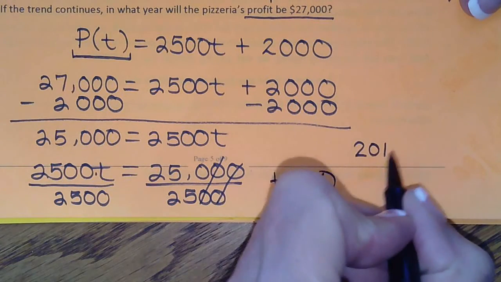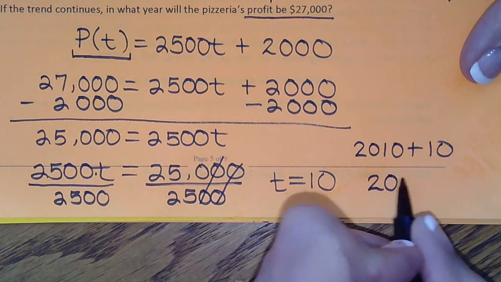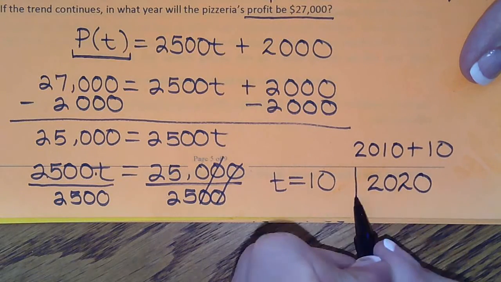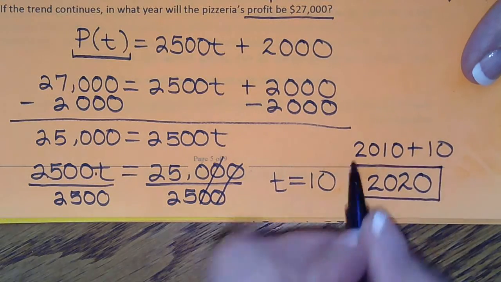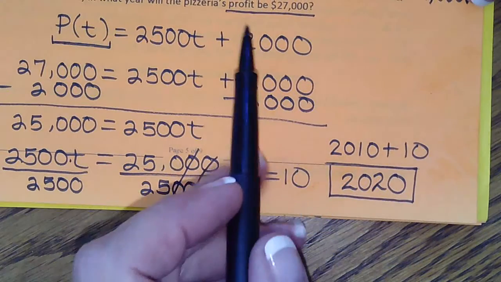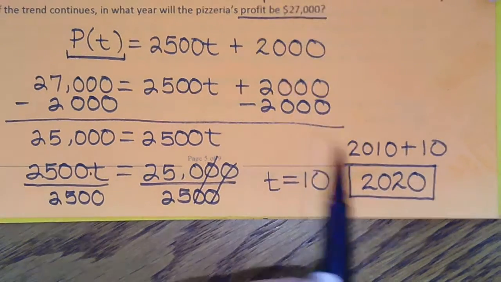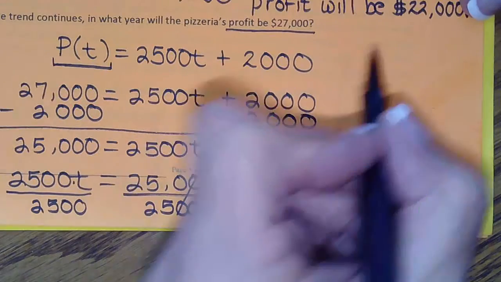So 2010 plus 10, that'd be 2020. And our sentence would be, the profit will be 27,000 in the year 2020.